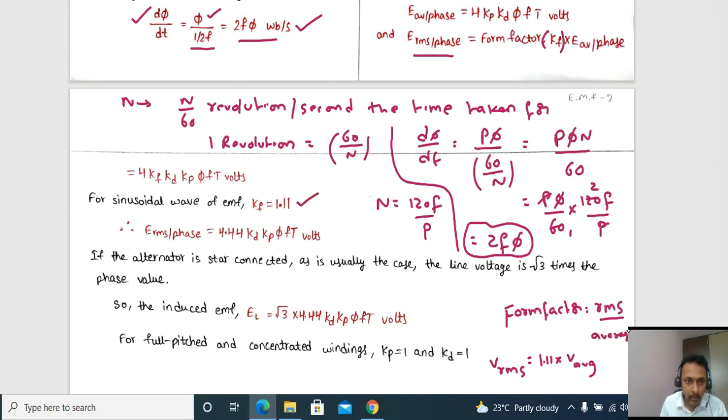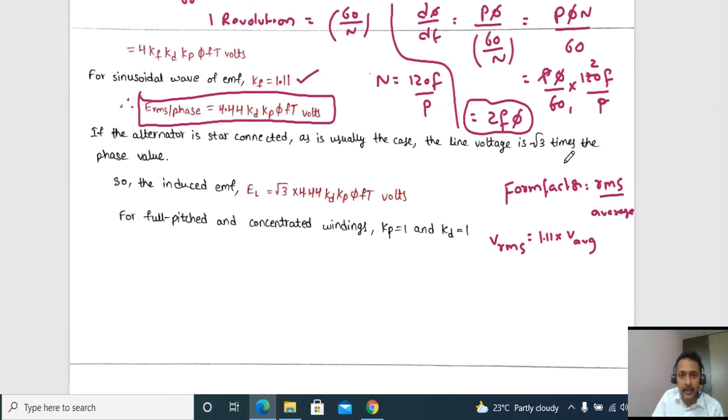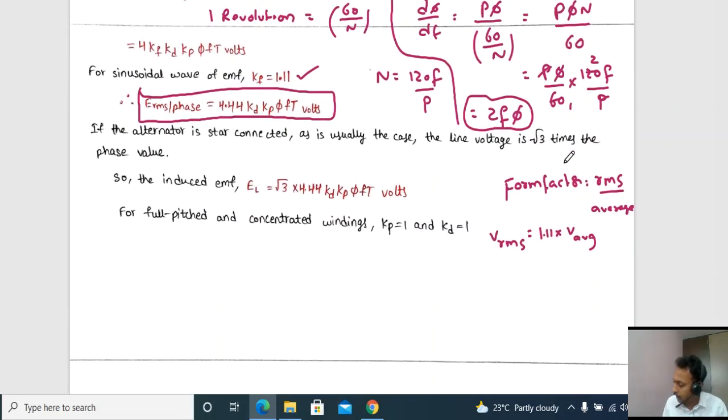So finally the RMS value per phase is 4.44 Kd Kp phi ft, where Kd indicates the distribution factor and Kp is the pitch factor.